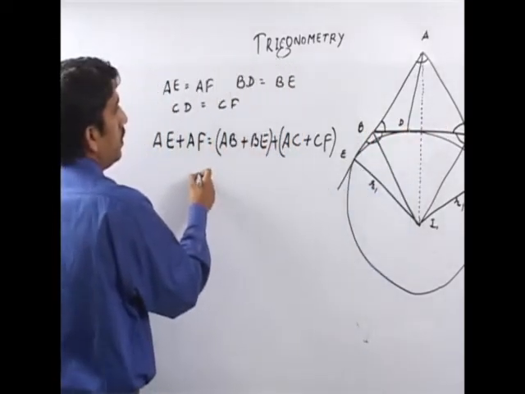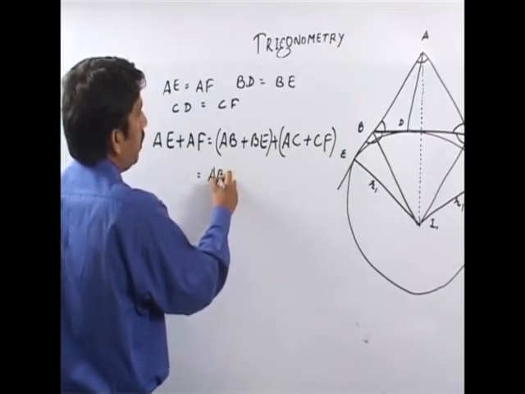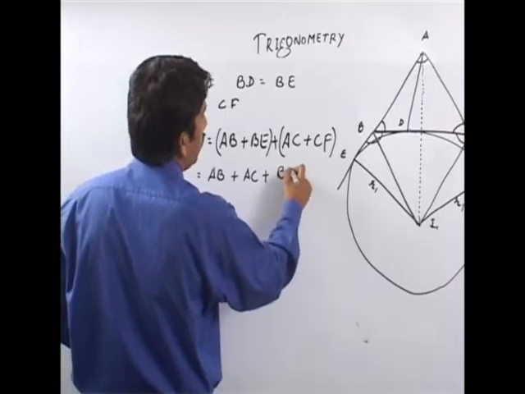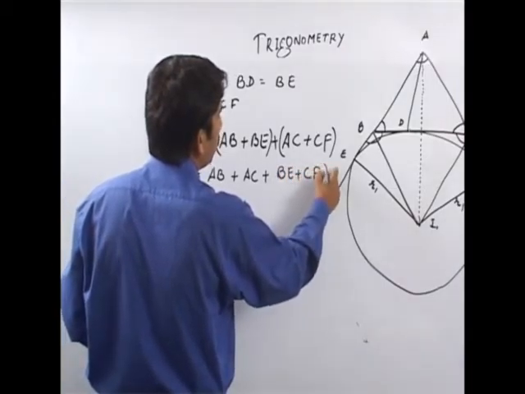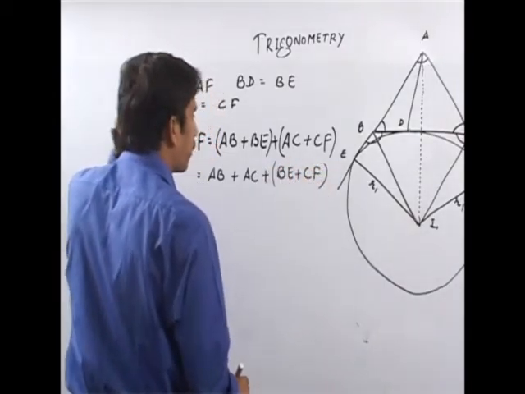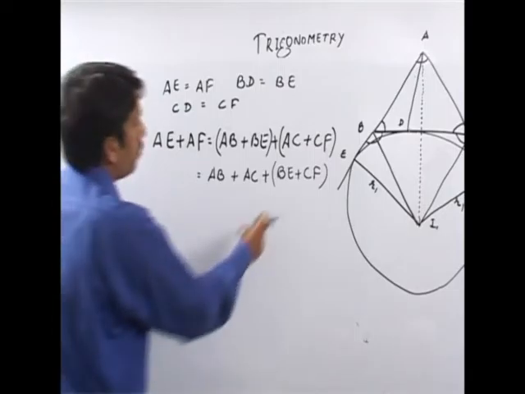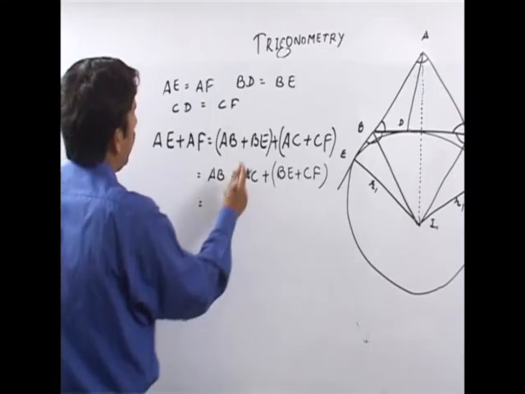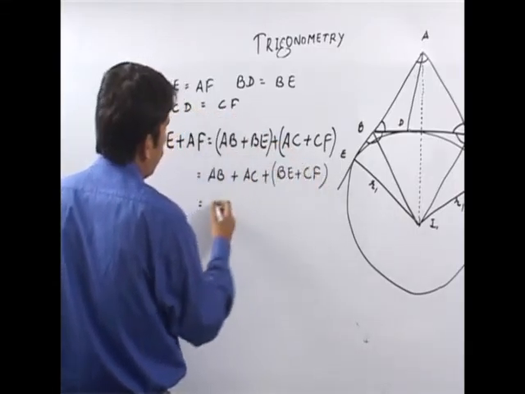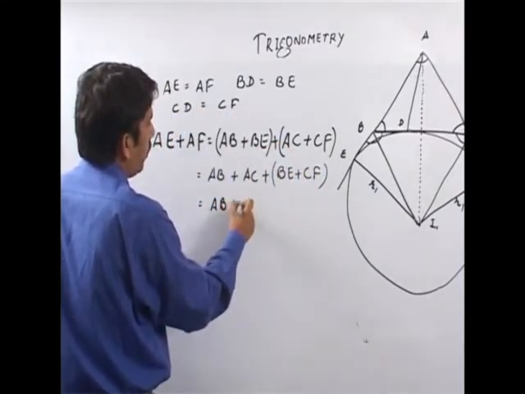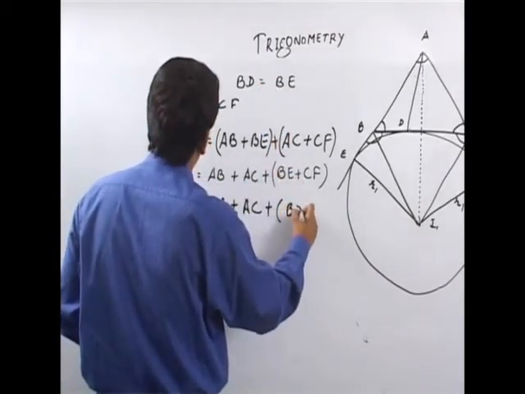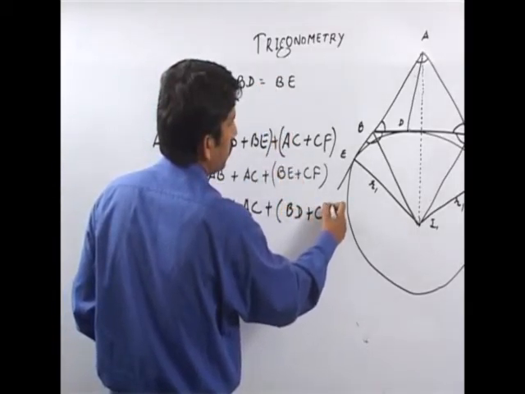That's right, AB plus AC plus BE plus CF. Now we can put BD in place of BE and CD in place of CF. So you will get AB plus AC plus BD plus CD.